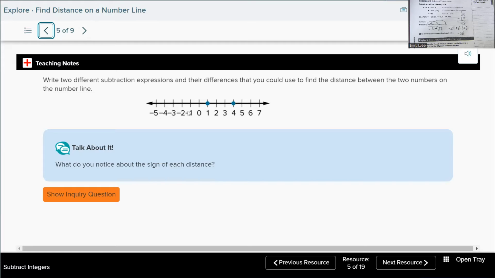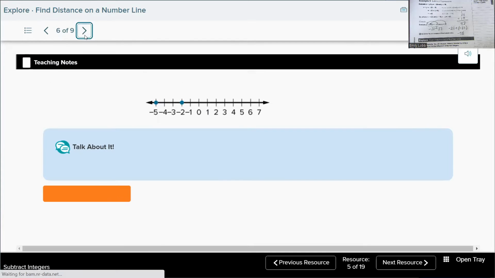I could also say 1 minus 4. 1 minus 4 would give me -3. So the absolute value would be the same distance. That's a little weird.